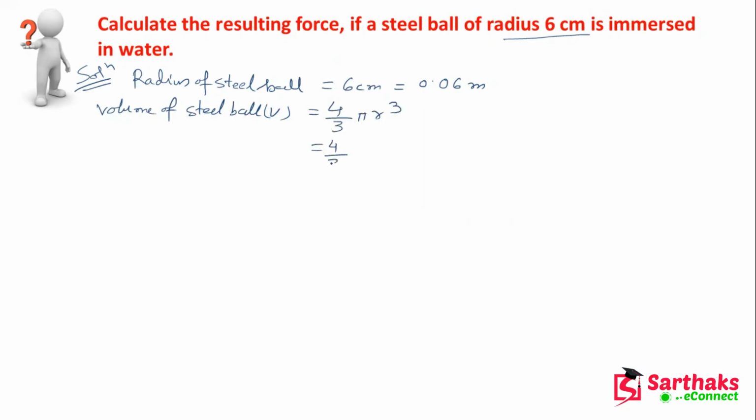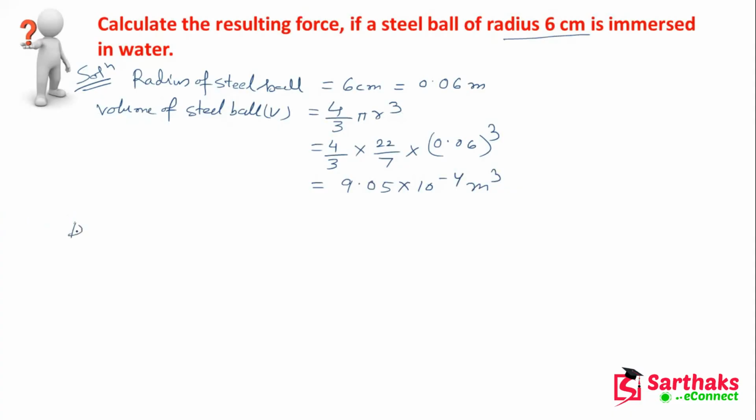So that means 4 by 3 pi is the 22 by 7, r that is the 0.06 meter. So this whole cube, and that will come 9.05 into 10 to the power minus 4 meter cube.